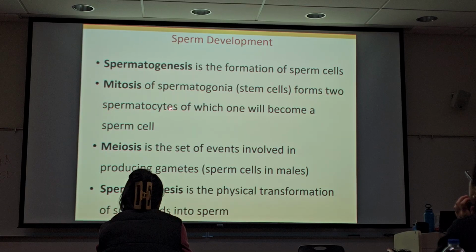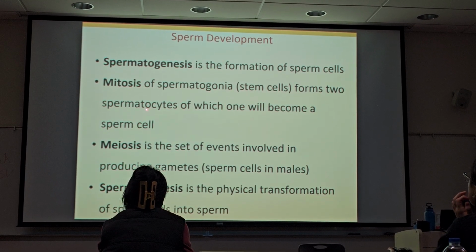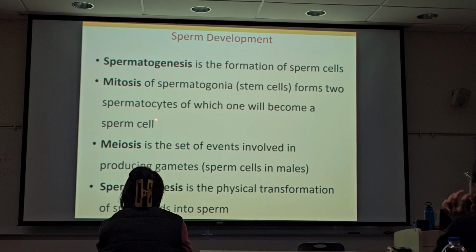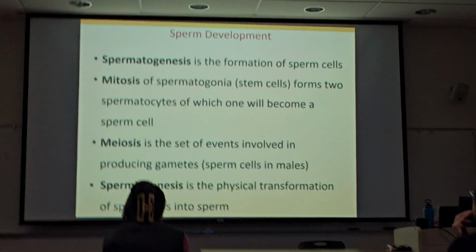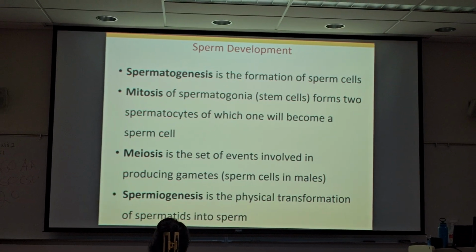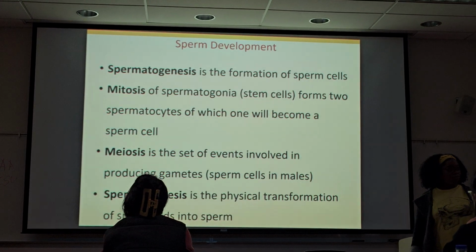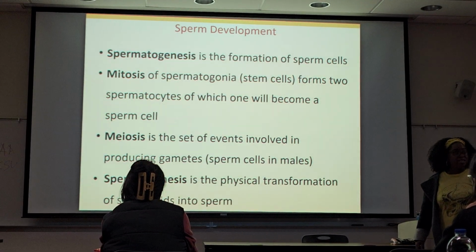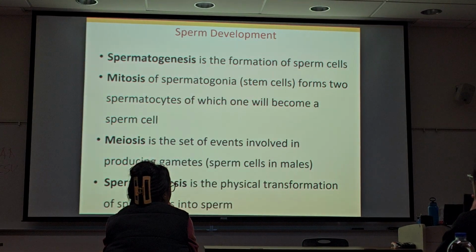Those cells are called the spermatocytes. And the spermatocyte will go through the process of becoming a sperm cell. It starts by going into meiosis. The purpose of meiosis is to take body cells that have 46 chromosomes and to divide that in half to now make a cell that has 23 chromosomes.